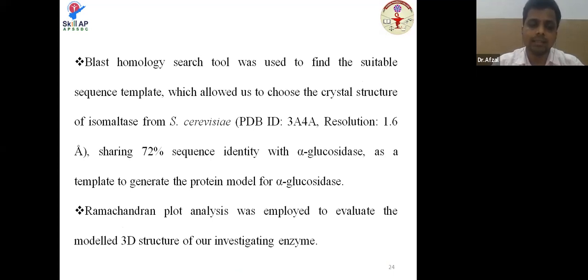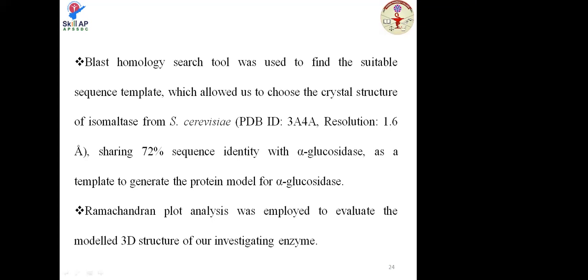BLAST means Basic Local Alignment Search Tool. It is responsible for searching the most resembling template of the query sequence. Query sequence means the one for which we need to produce the homology model, and the template is what we use for the development of the homology model of alpha glucosidase.